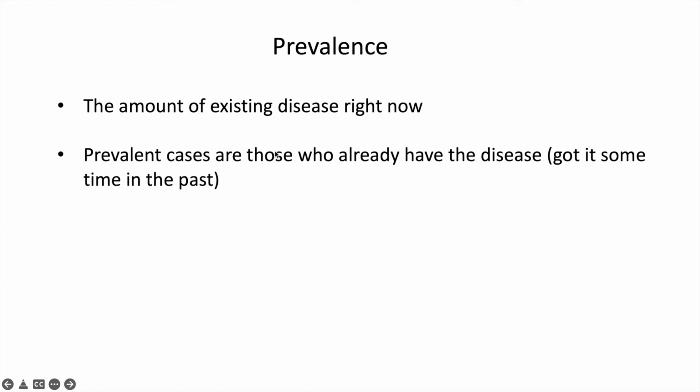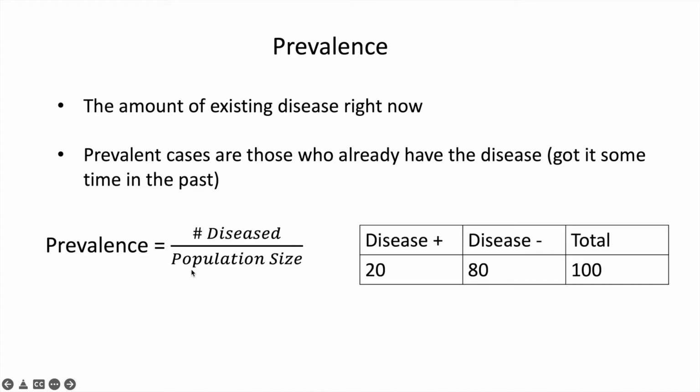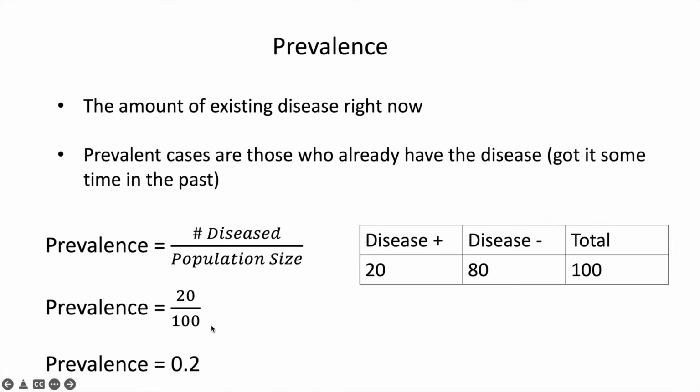And this includes everyone who already has it, who got it at some time in the past. So it's the number diseased over the population size. So in this example, we have 20 people who got the disease and 80 people who didn't. And it's a population of 100 in total. So it's the 20 who got the disease over the population size, so prevalence of 0.2 or 20%.